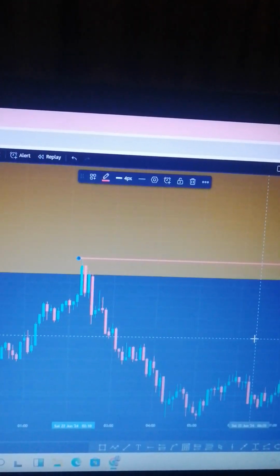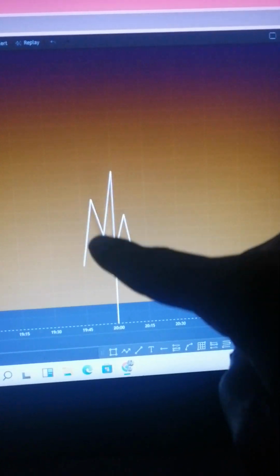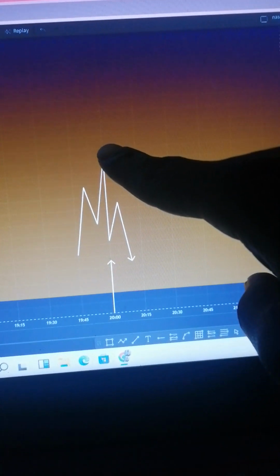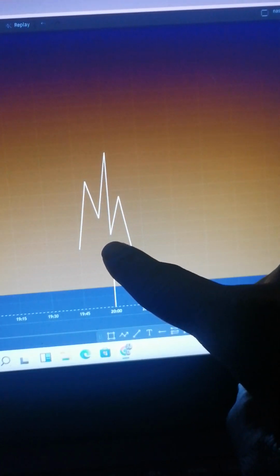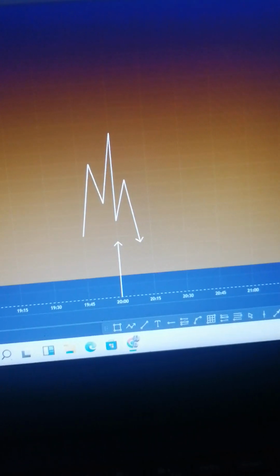And then from there, here was my anticipation. When I see this signal here, I sell from there. Which signal is this? It means if the price reaches inside this box, it makes higher high, higher low, higher high, and then lower low, and then lower high, I start selling.